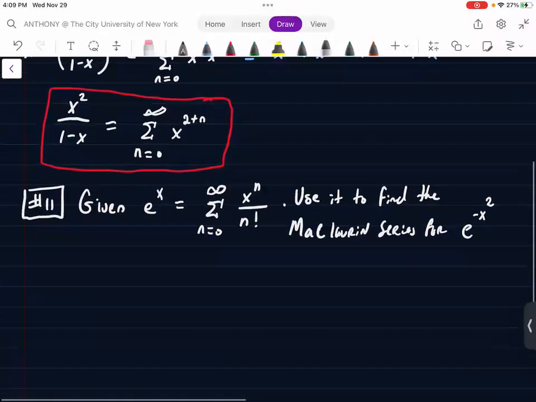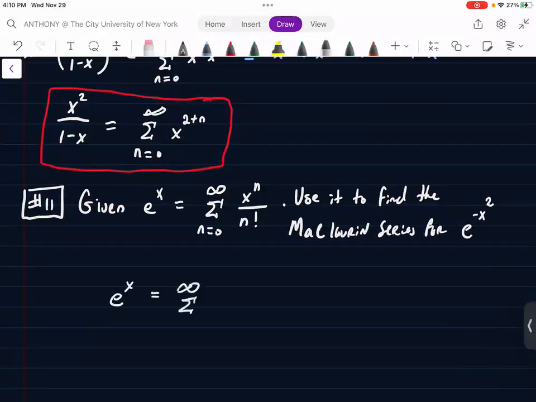So this is how I attacked this problem. I wrote out the given series again. I just rewrote it. And then wherever I see an x, I'm going to replace that x with negative x squared.